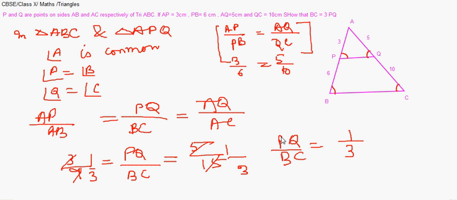If I cross multiply, I am getting 3PQ is equal to BC, or if I write it the other way around, BC is equal to 3PQ. That proves our question here. Thank you. We take a few more questions in the next coming sessions. Bye bye.